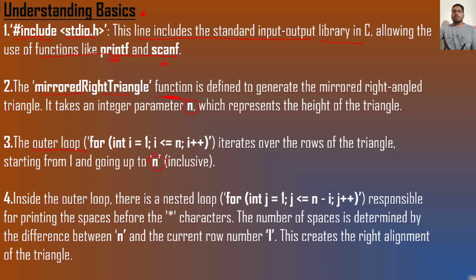Inside the outer loop, there is a nested loop, for int j = 1; j <= n - i; j++, responsible for printing the spaces before the star characters. The number of spaces is determined by the difference between n and the current row i. This creates the right alignment of the triangle.